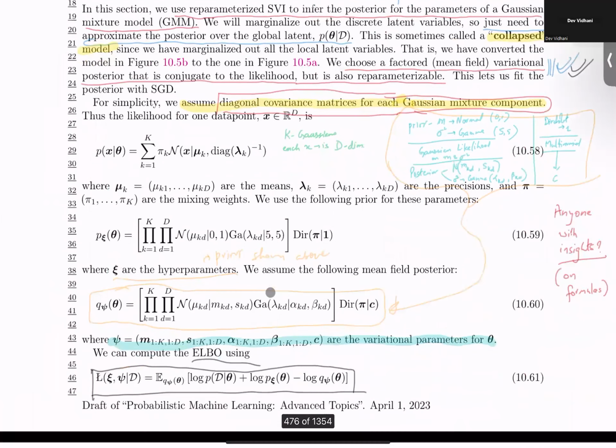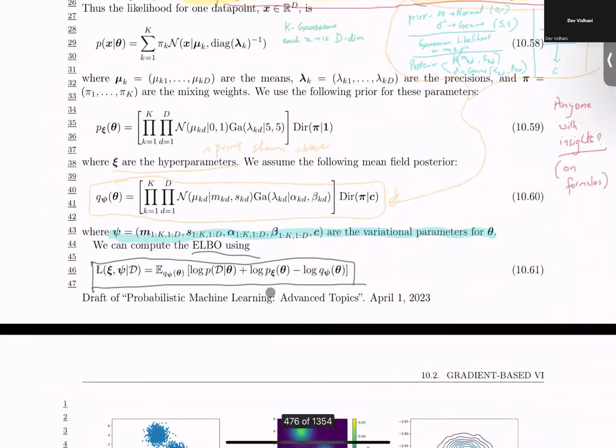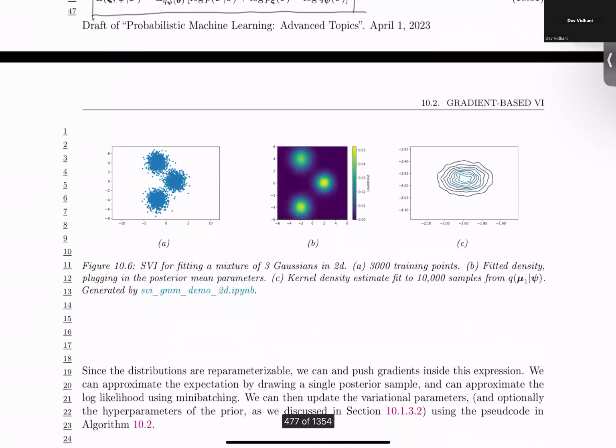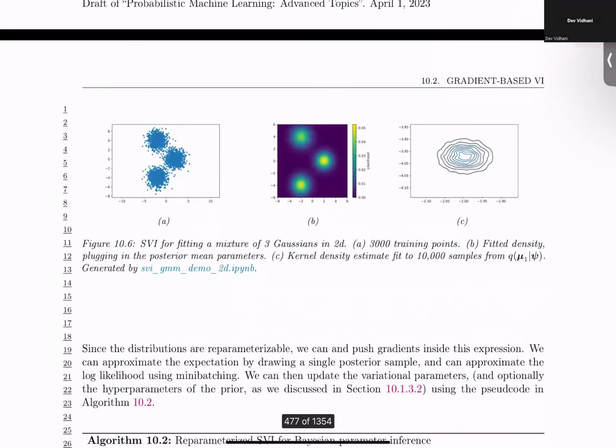And with that, what you're trying to get to is to optimize your ELBO. And what they showed was that you had a much better handle on the assignments of clusters, or the identification of clusters, with the variability as is shown in this: this is what my mu and this is what my sigma distribution looks like for this cluster.